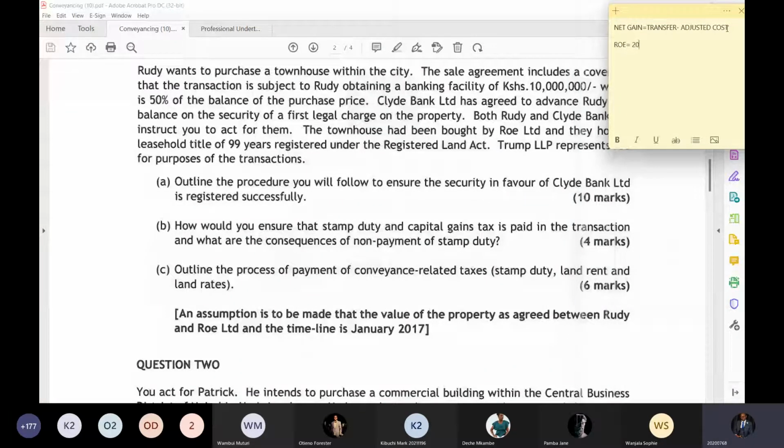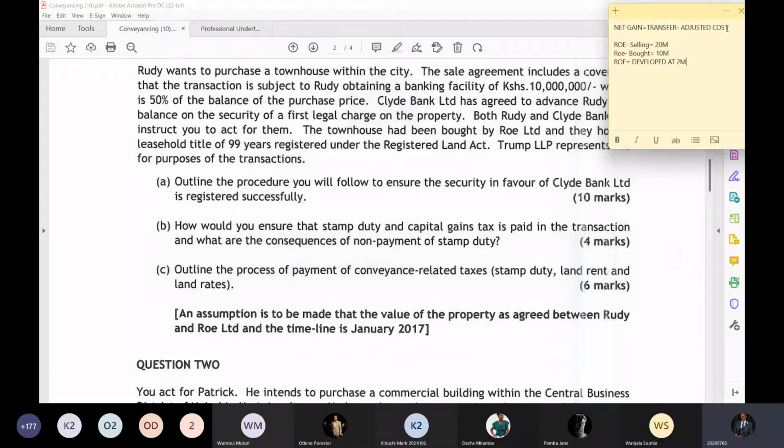Ro bought the property at 10 million. Ro developed the property at 2 million.